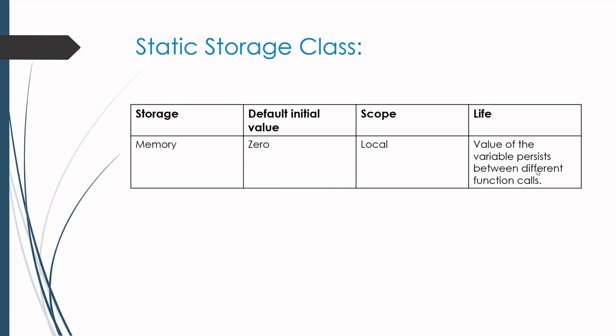But once you declare it as static, you may call the function n number of times, but the value will be initialized only once. In other words, if you declare a normal variable and call the function again and again, each time separate memory is allocated and initialized for those variables.